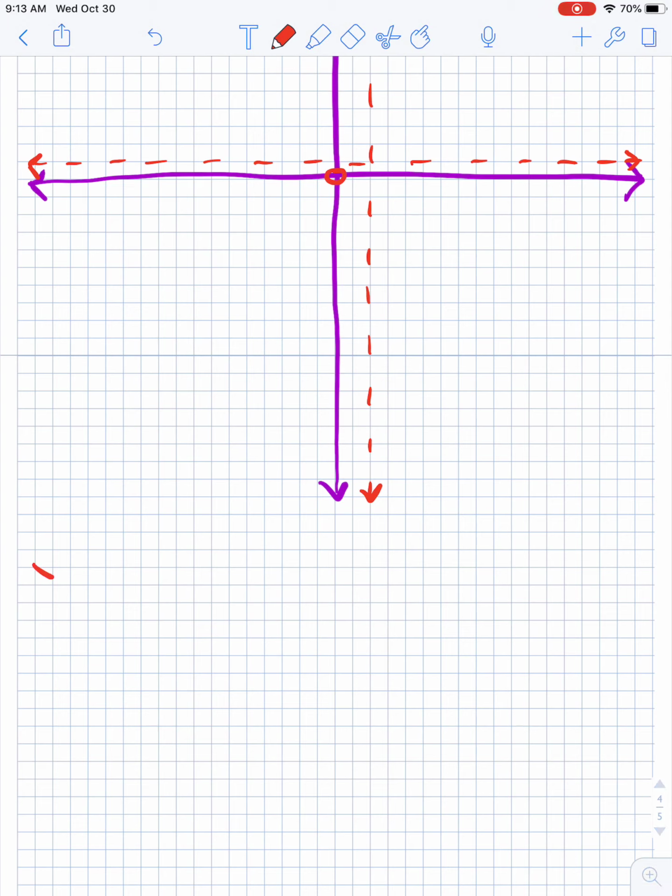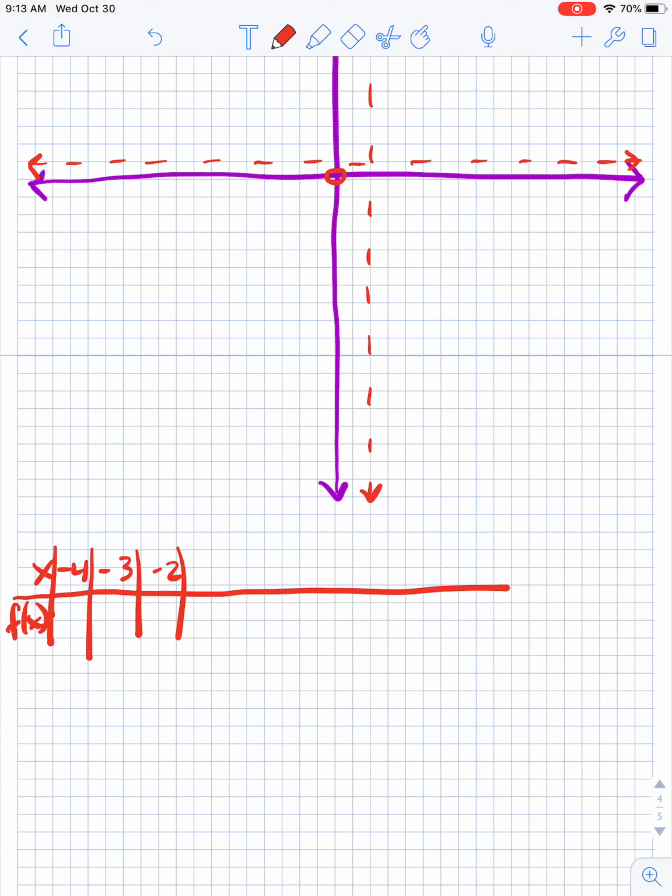So my values of x are going to determine my values of f of x. So I'll go back to -4, -3, -2, -1, 1. I'm going to skip 0 because I already know there's no point there. So I'm just going to go 1, 2, 3, 4, 5, 6. And if I feel like I need more numbers, I can add more numbers.